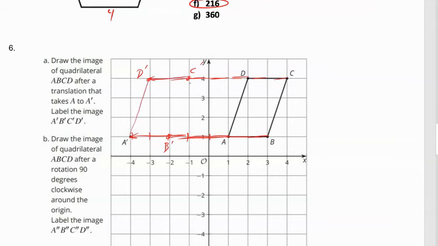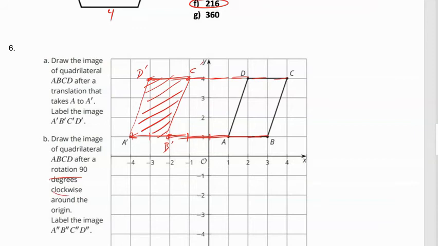So your new image will exist right here. And that's a nice translation from A to A prime. So again, every single point needs to move and undergo the same distance, the same direction heading, the same translation.